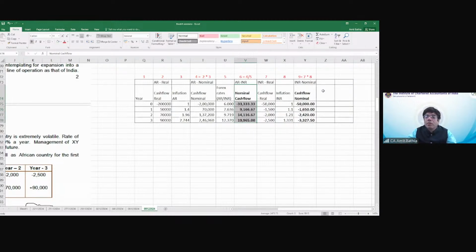Now I need to get my total cash flow. Column number 10 is column number 6 plus column number 9.